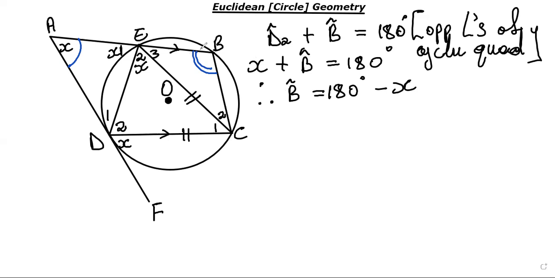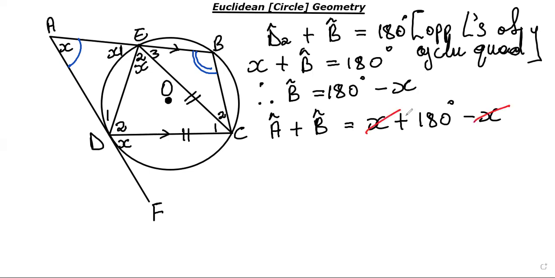So now that we know the size of B, we show them what is going to happen if we add angle A to angle B. So we say the size of angle A is X. The size of angle B is 180 degrees minus X. Collecting the like terms, we see that the X's cancel out. So we are left with 180 degrees.